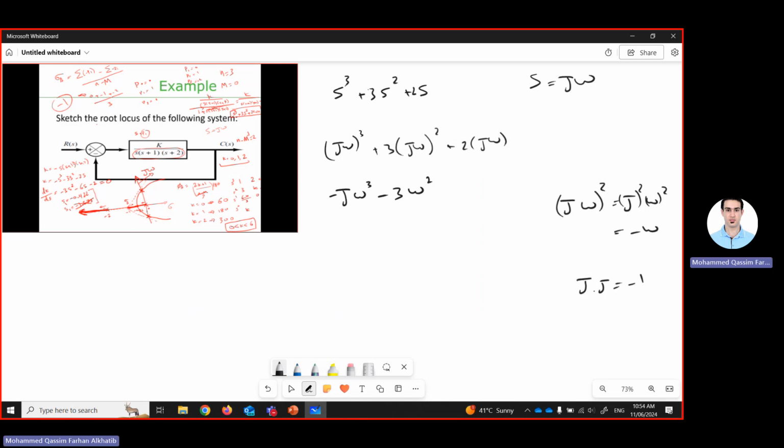So it's going to be negative omega square. Same thing here, j omega cube is j cube omega cube, so omega cube will remain there, and j times j times j is negative 1 times j, so that's a negative j omega cube, minus 3 omega square, plus 2j omega. All right.